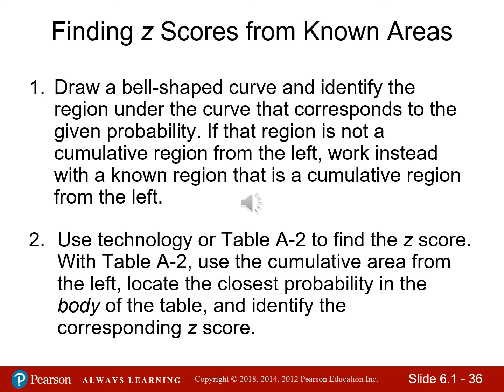Second, use technology or table A2 to find the z-score. With table A2, use the cumulative area from the left, locate the closest probability in the body of the table, and identify the corresponding z-score.